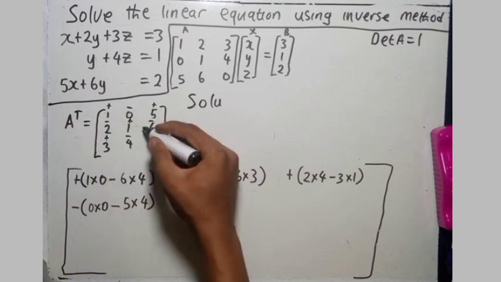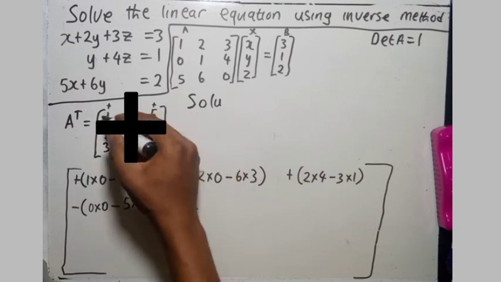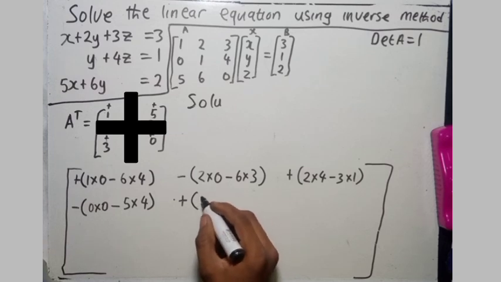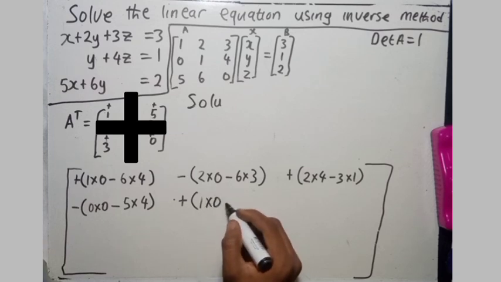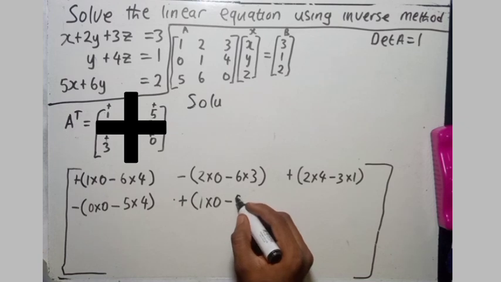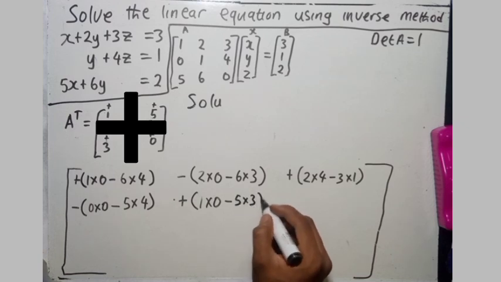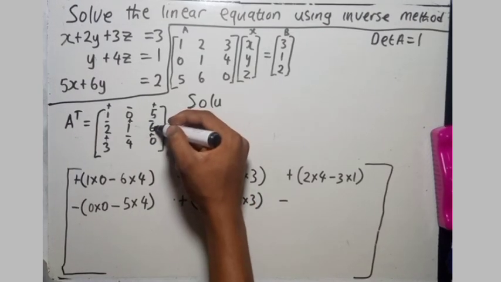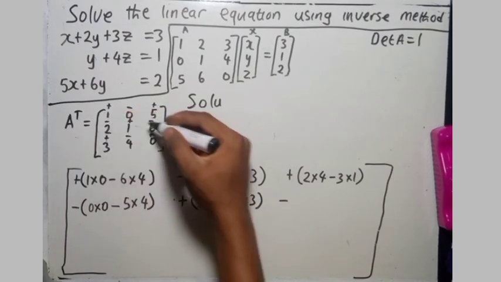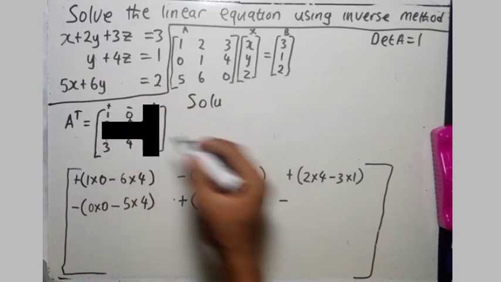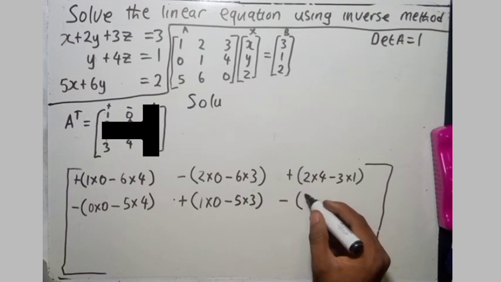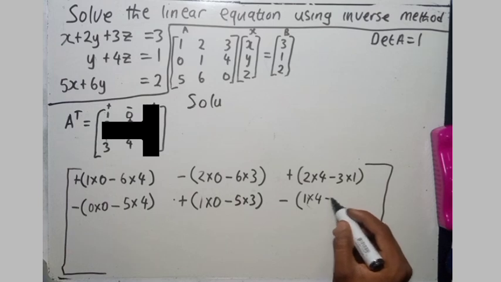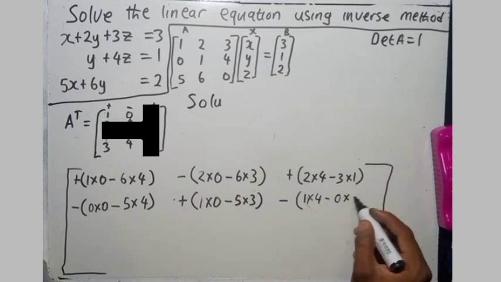Everything that is not in this row and this column is 1, 5, 3, 0. So we'll have 1 times 0 minus 5 times 3. Then minus, that's for this 6. So we have 1, 0, 3, 4. So we have 1 times 4 minus 0 times 3.